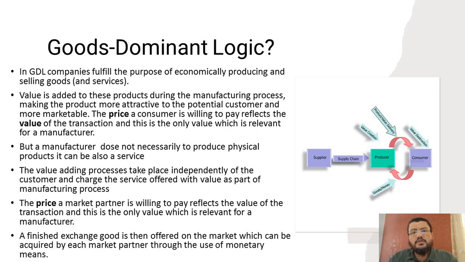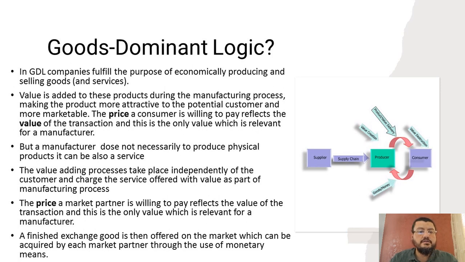To be sold, these things must be embedded with utility and value during the process of production and the process of distribution, and must offer the customer superior value to the competitors.